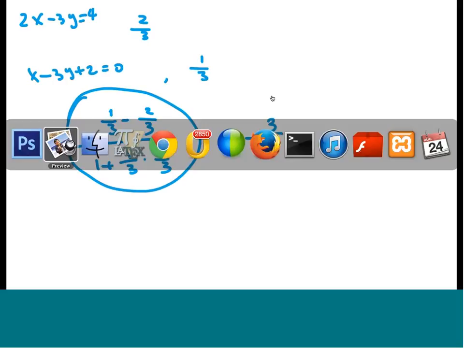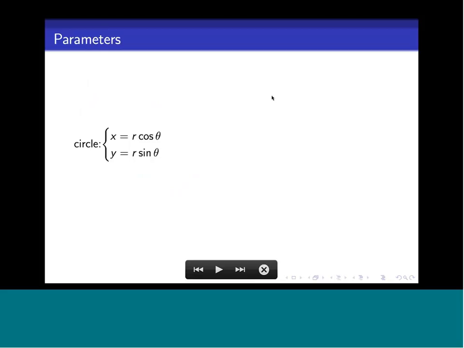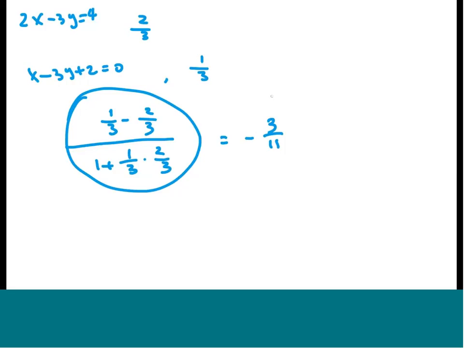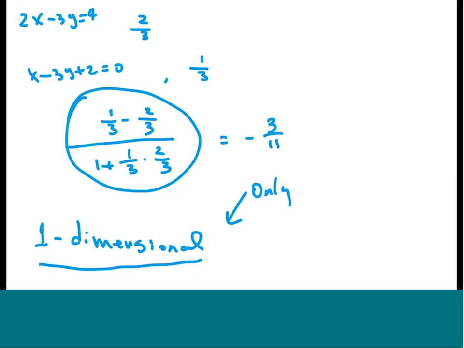Okay, next thing is about the parameters of a curve. Every curve is one dimension. With one dimension, you only need one parameter to describe it.